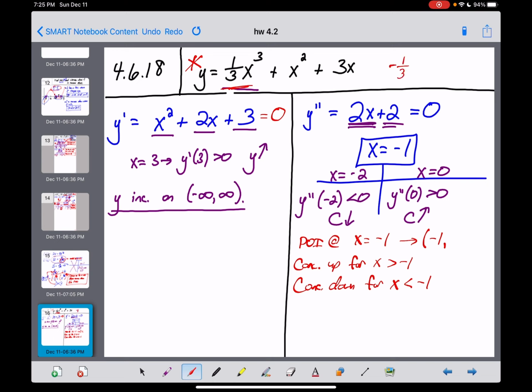And then plus negative 1 squared, that's plus 1. And then a minus 3 at the end of all that. So that's a negative 2 minus another 1/3 right there would be negative 2 and 1/3.